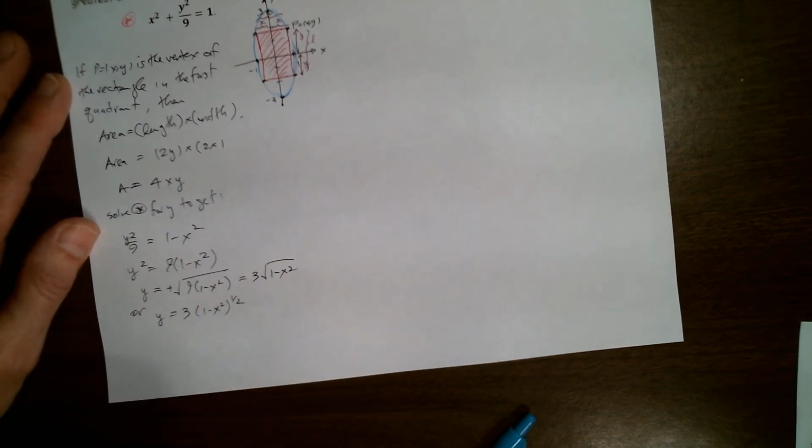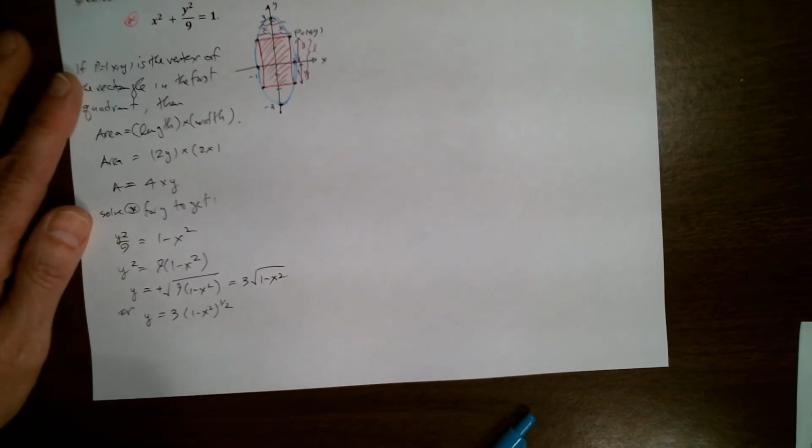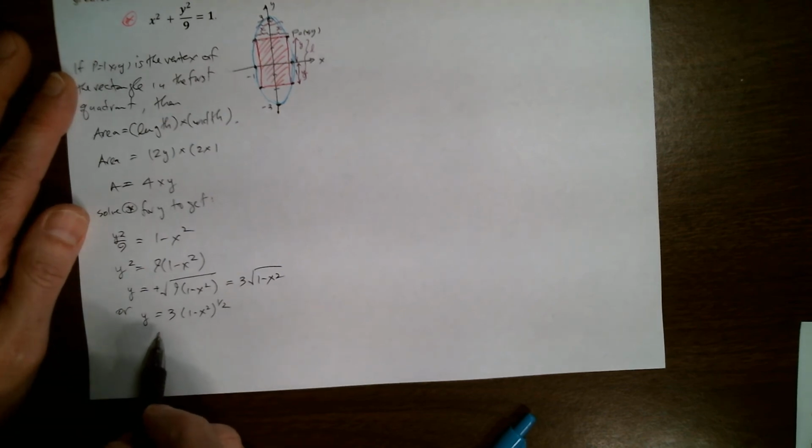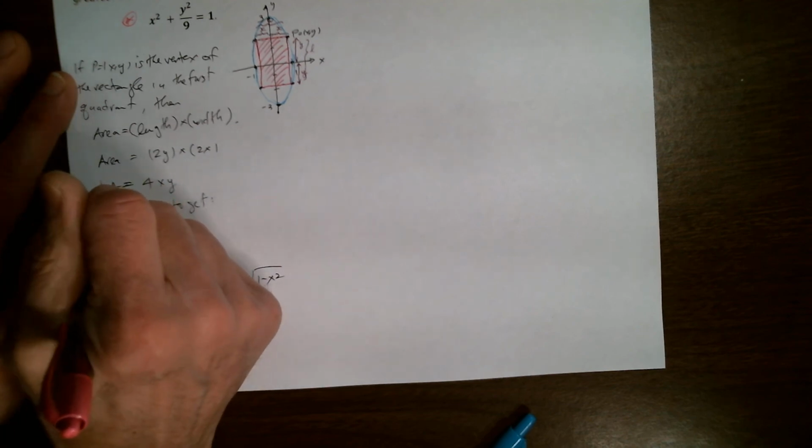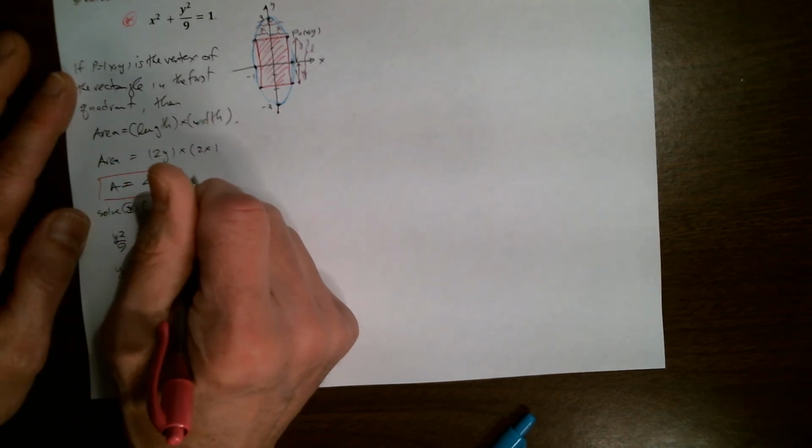Okay, and so what's left? Well, now we're substituting for y back into the area formula for the inscribed rectangle.